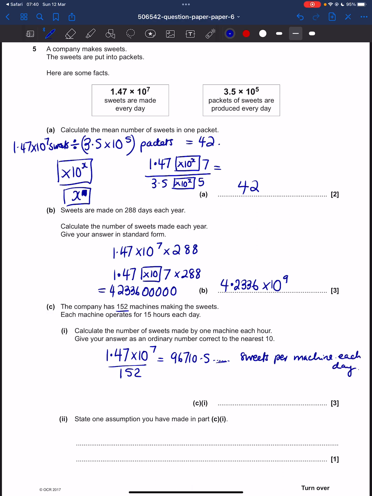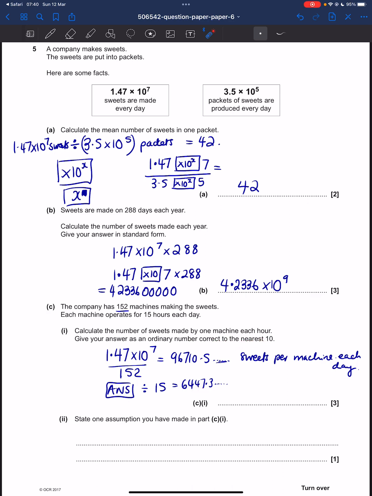Right. So then we've got to take the answer on the calculator and divide by 15 to get the number of sweets per machine per hour. And it's 6447.3, etc. And we want our answer to be an ordinary number correct to the nearest 10.